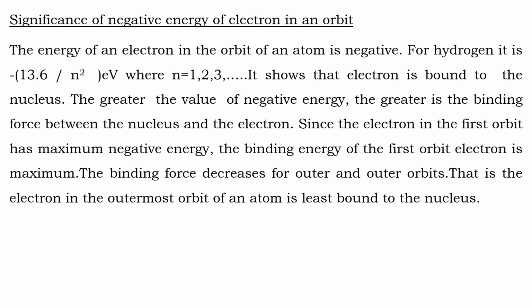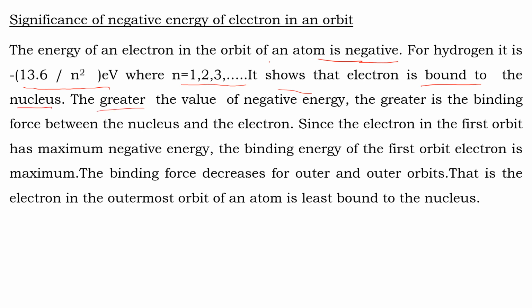Significance of negative energy of the electron in an orbit. The energy of an electron in the orbit of an atom is negative. That is, for the hydrogen atom it is minus 13.6 by n square eV, where n is equal to 1, 2, 3, etc. It shows that the electron is bound to the nucleus.